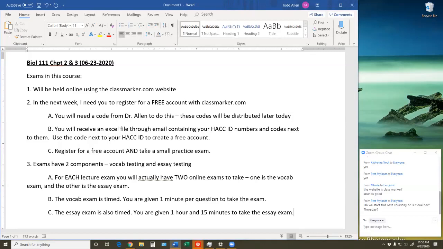If you are in the accommodation program with Vicki Van Heist, then you will automatically be given double that time for your testing accommodations.